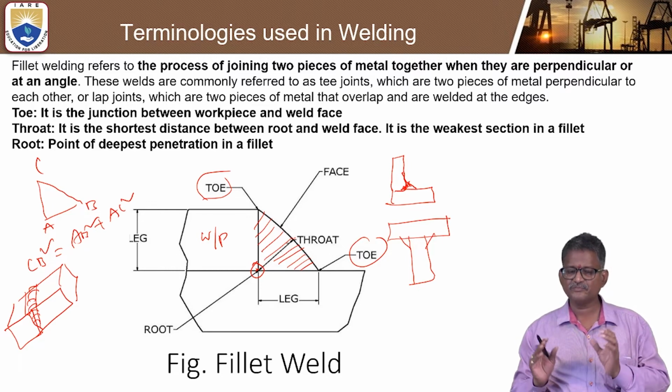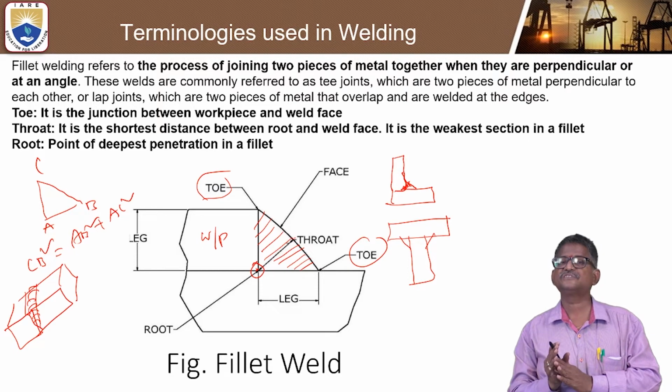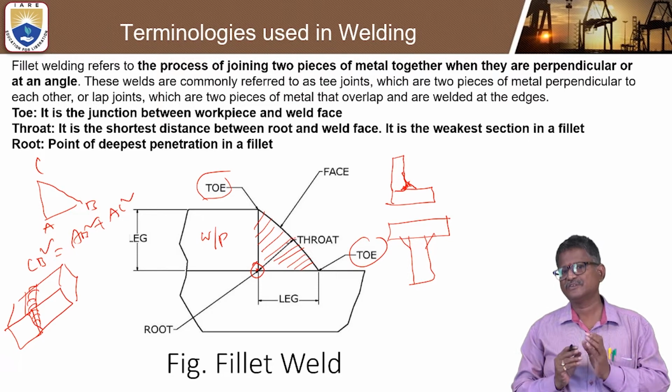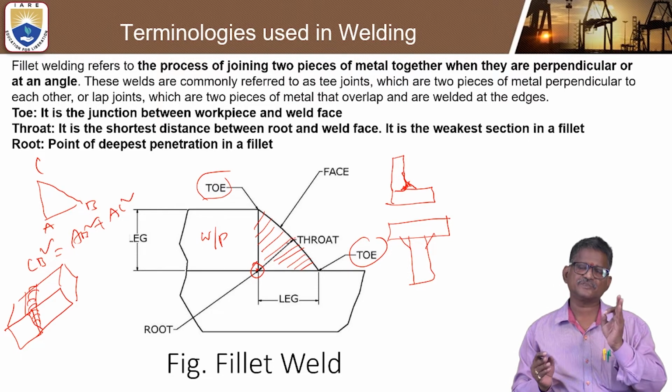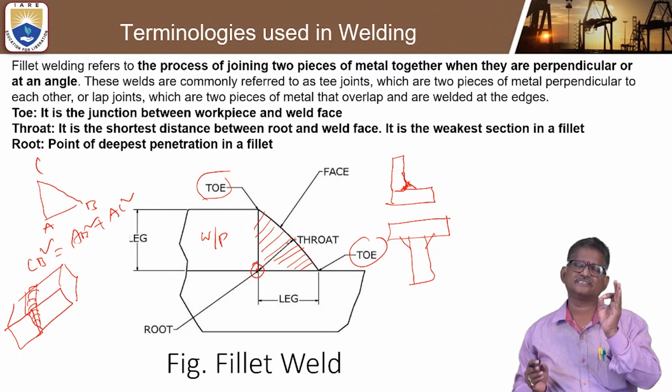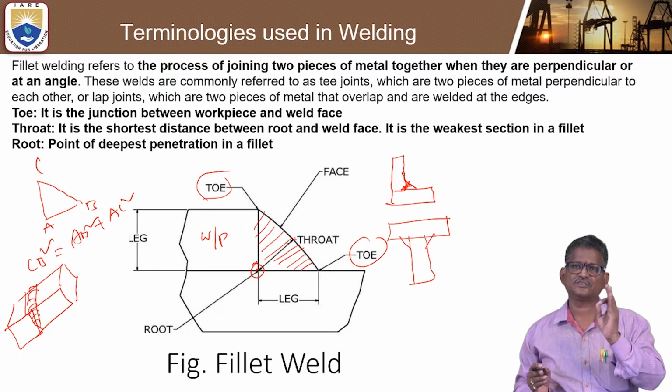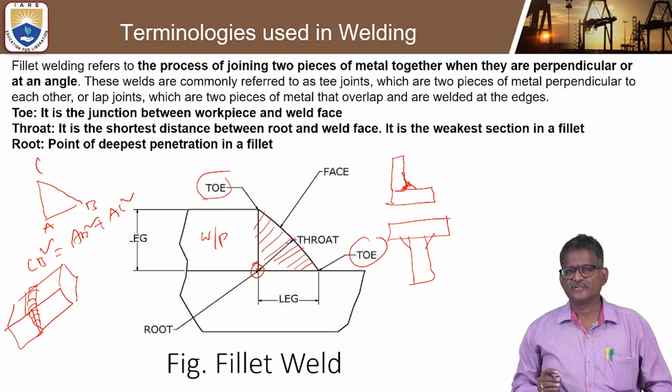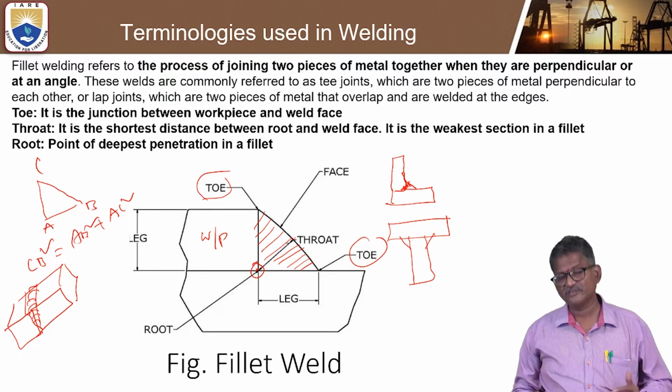So this is the terminology used in the welding process. When solving problems, these terms are very important, such as how to determine the throat area, leg distance, face and toe, so you can understand the problem better.